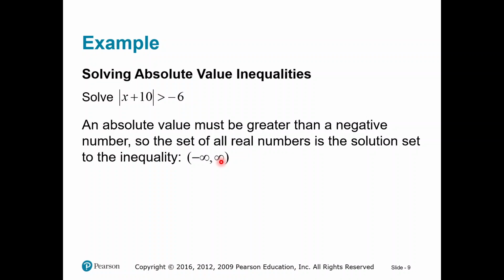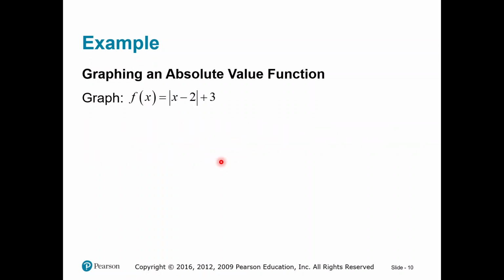And now let's graph. So let's graph f of x equals the absolute value of x minus 2, plus 3. Now you don't have to know how the graph looks like.